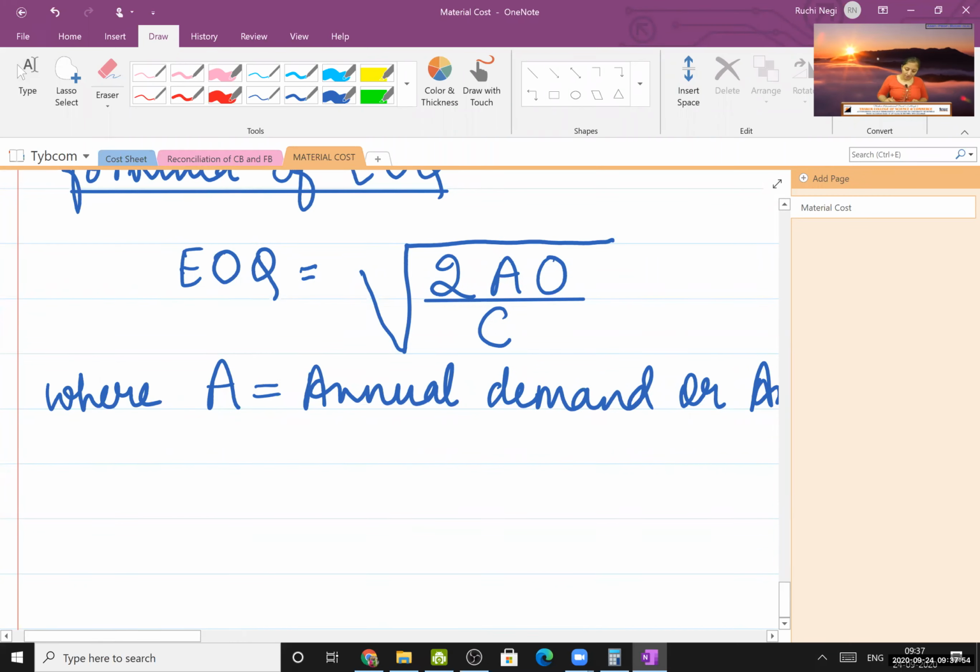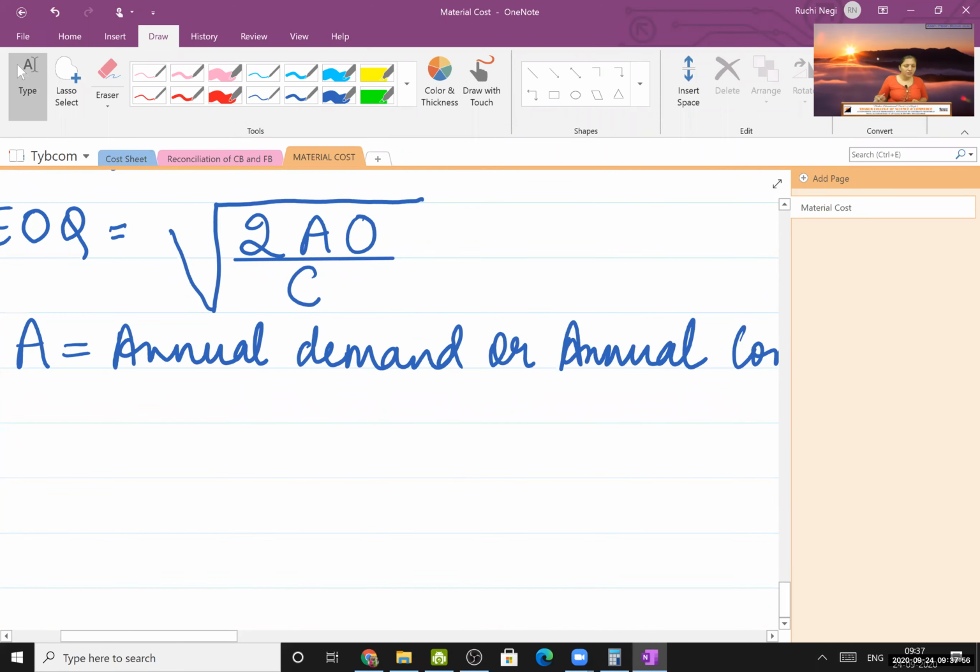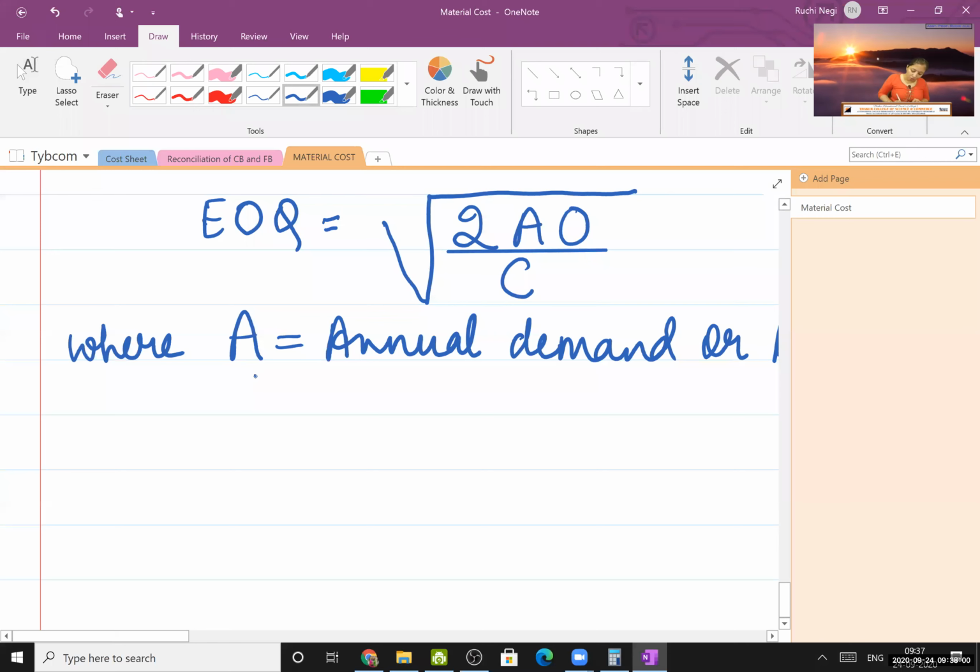This will be always denoted in units or kgs or liters. वो हमने अभी देखा order cost और ordering cost. And C भी हमने देखा, क्या बोला, कितना था C? Carrying cost.